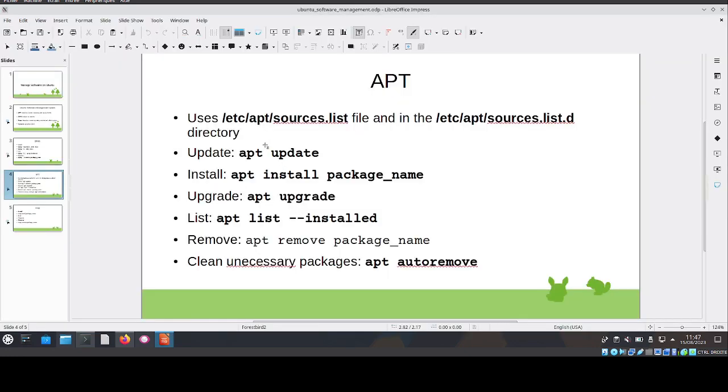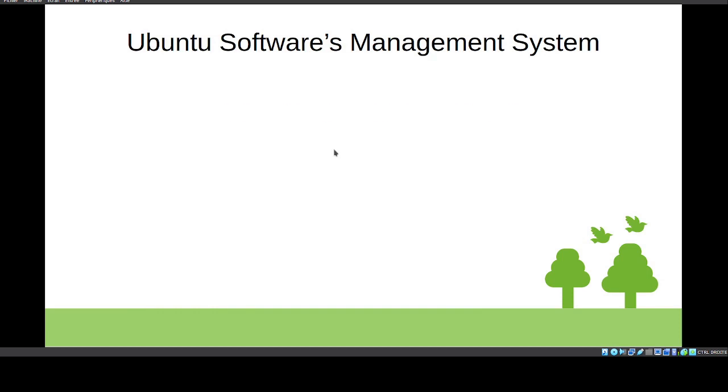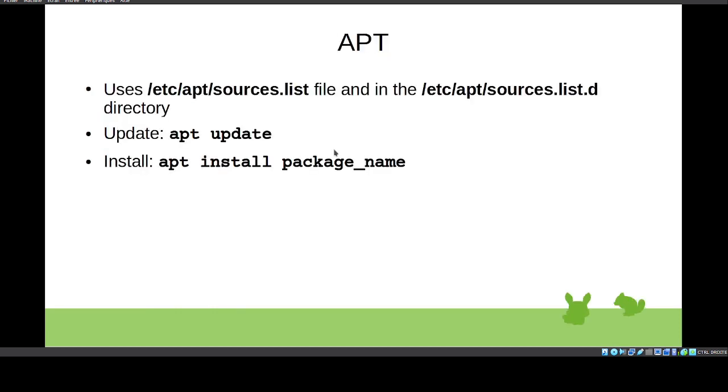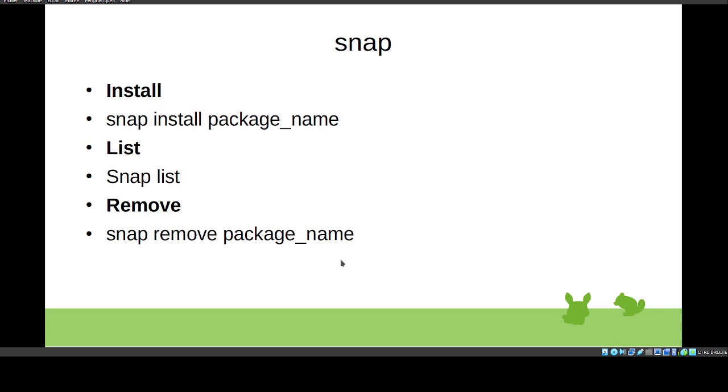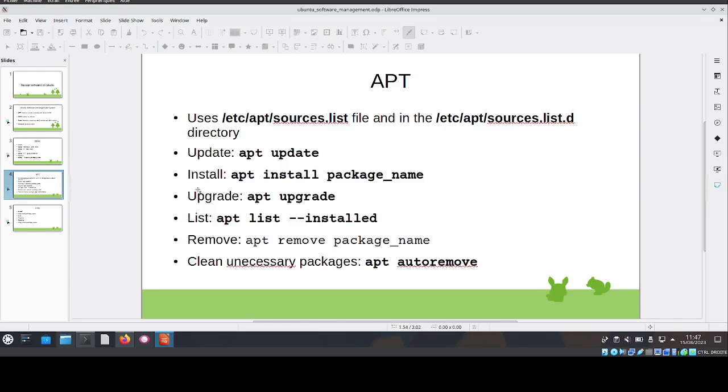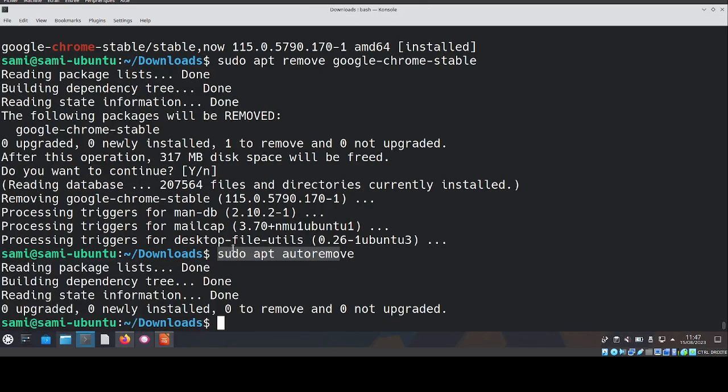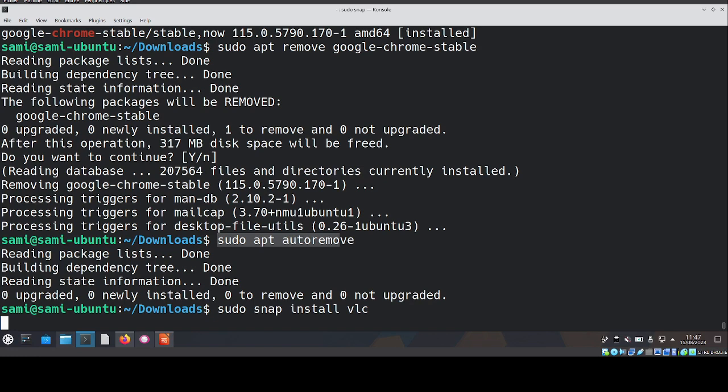So next we have another package system for software. It's Snap. Snap can install packages for you, can list them, and can remove packages. So I will use it. For example, I will install using Snap: sudo snap install, and I will choose VLC, which is a video player.